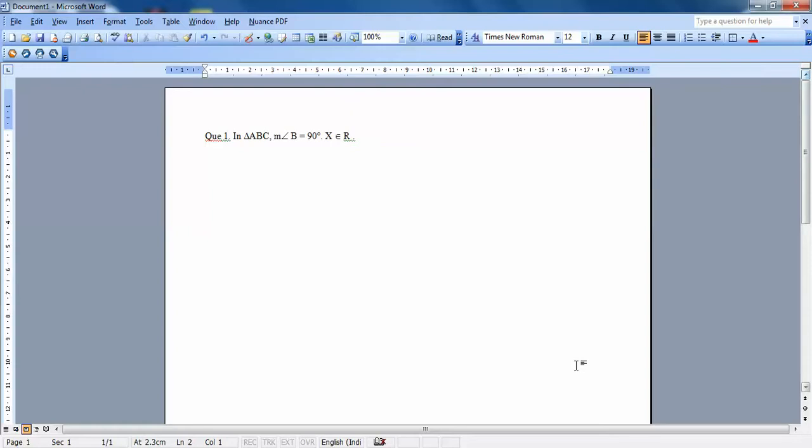Suppose you have something else to type. I shall just enlarge it a bit. Suppose I am typing a function, so control FU, double dot, capital R to R, fx is equal to 2x plus 3.